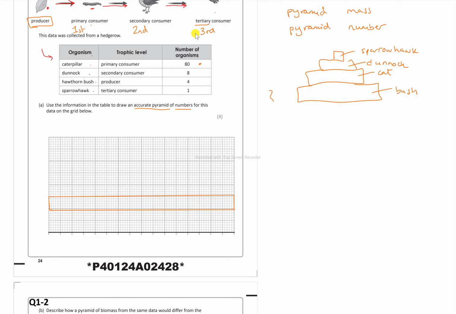Now, because this is 80, if I do it from here, just say that's 0, I can go 40 this way and 40 this way. So altogether I've got 80. Right? And I will call this caterpillar.